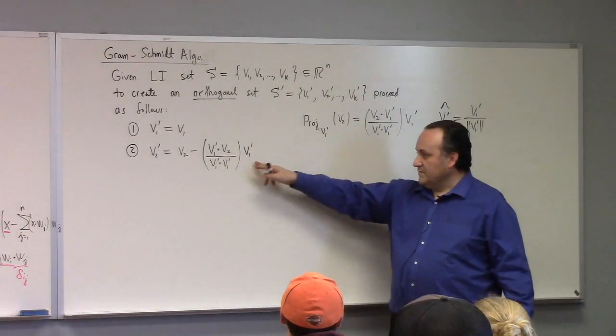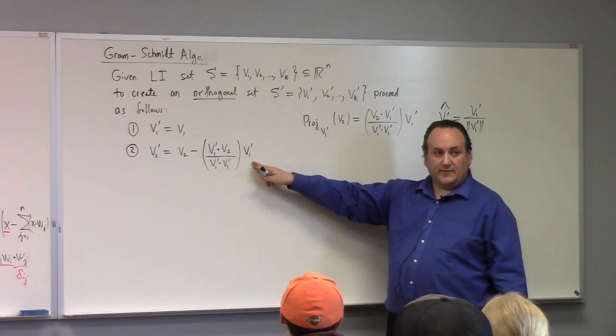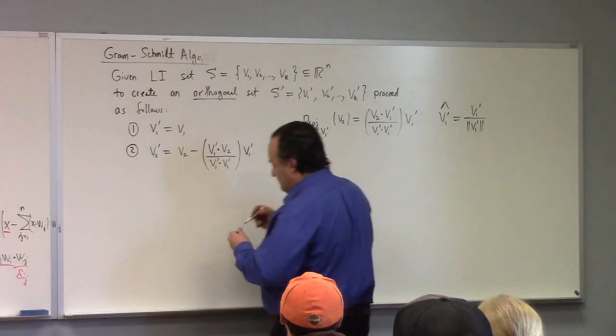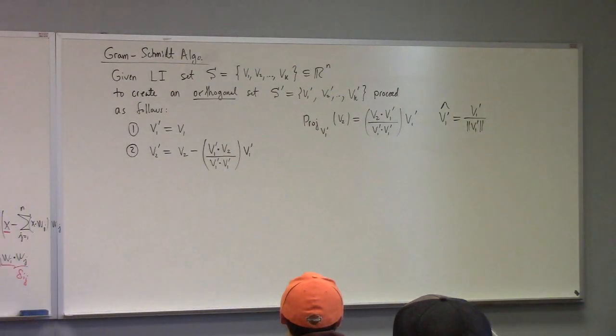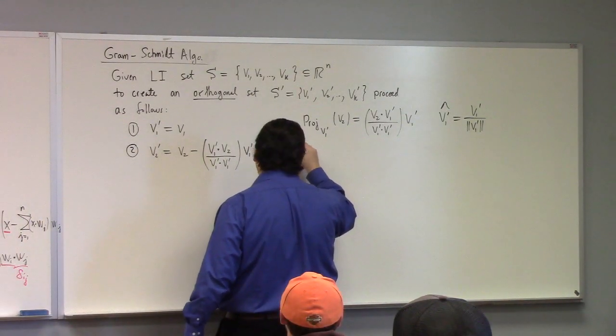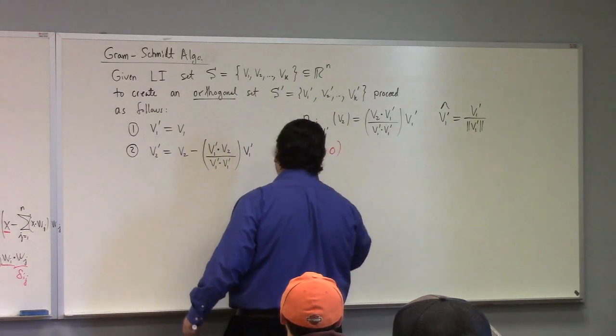But this right here, guys, this vector V2 prime is perpendicular to V1 prime. See that? Whether you see it or not, trust me when I tell you that V1 prime dot V2 prime is equal to 0.